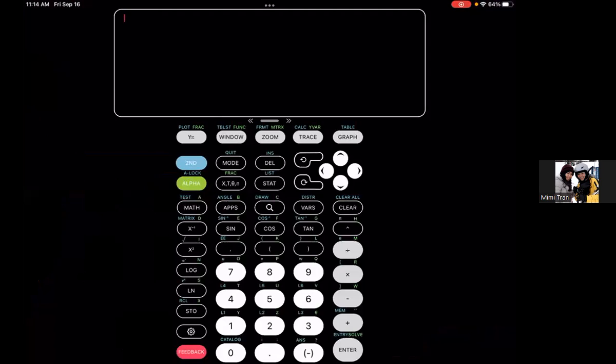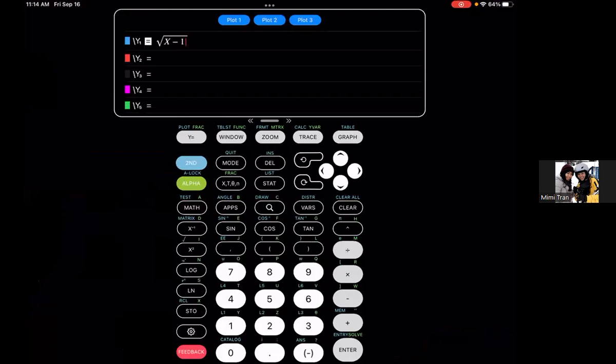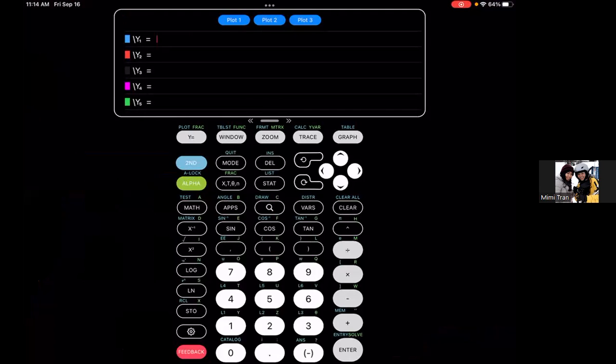Okay, so I want you to go to Y=, the very top left. Clear that. What is the function? Is it 1 over 3x minus 6? Now for the newer TI-84 Plus, you can do fractions. You see the alpha and then frac.